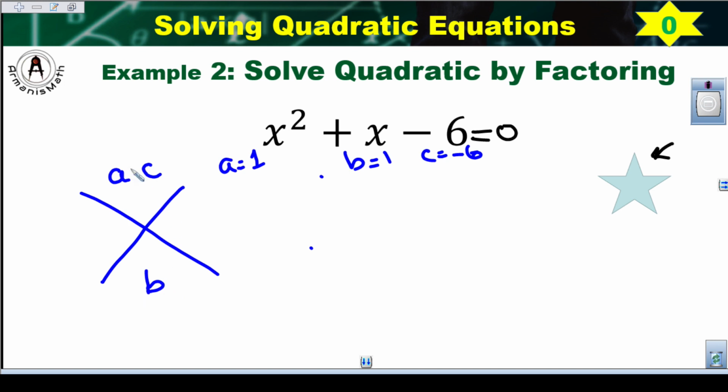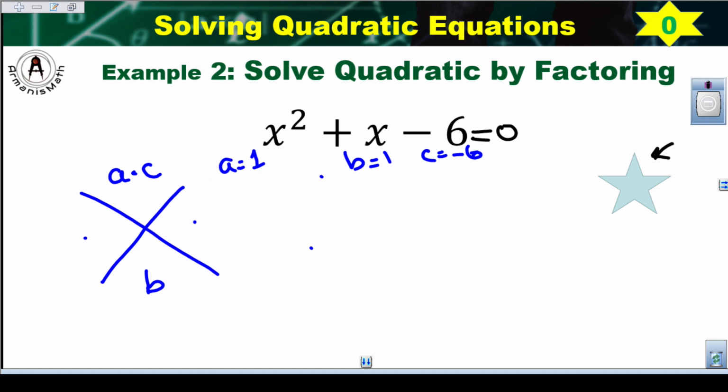And then what you're going to do in this diamond is find 2 numbers. When you multiply them, it gives you the top because it's A times C. When you add them, it gives you the bottom. So what are these 2 numbers? Well, let's take a look. A times C, I have 1 times -6.